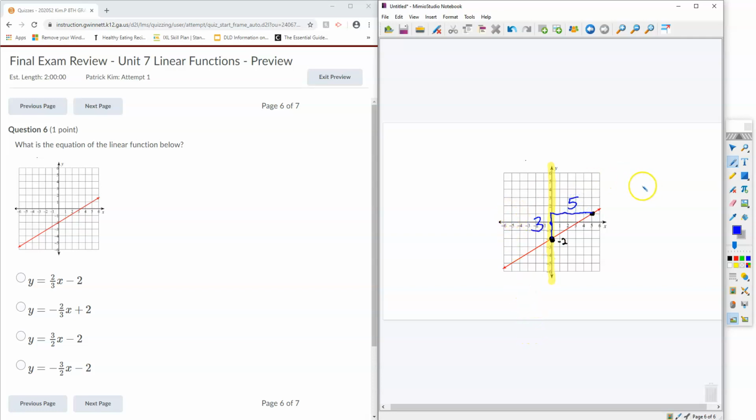So slope is rise over run. This is my rise. This is my run. So my rise is 3. My run is 5. So that's my slope. And you have your y-intercept. Now all you have to do is make your equation.